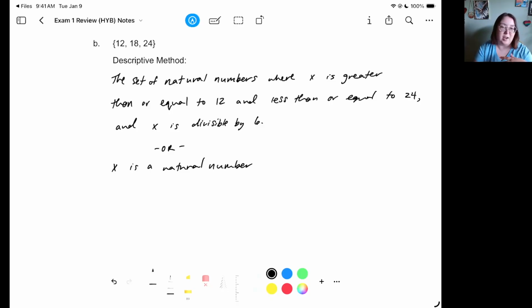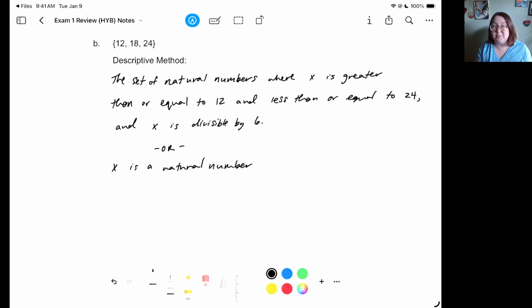And then a little bit more casually, we could say it's between these numbers. But by saying between these numbers, we're inherently most likely not including those numbers. So when we say between, we want to widen that range. We don't want to say between 12 and 24. We want to widen that range just a little bit because we want to include 12 and 24.